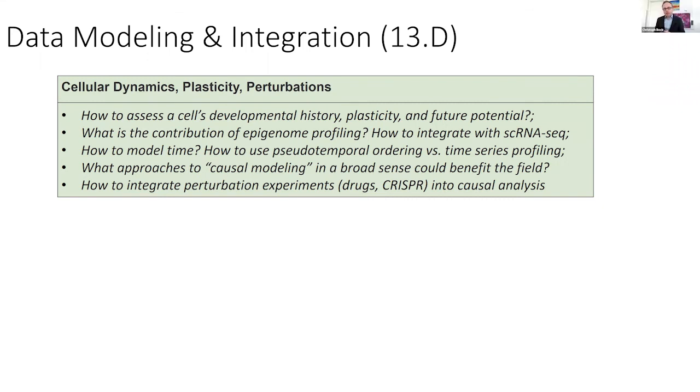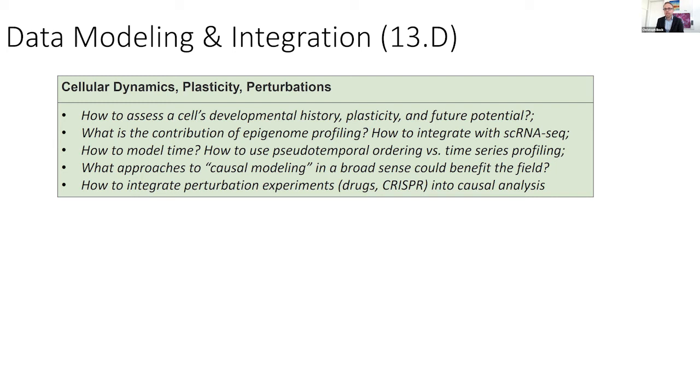And then the final of the four subsessions will be very much focused on trying to push beyond the descriptive and snapshot character that is inherent in many human cell atlas projects, and try to, on the one hand, integrate the time series aspect to it as much as possible, both through pseudotemporal ordering, but also through actual time series data and modeling.